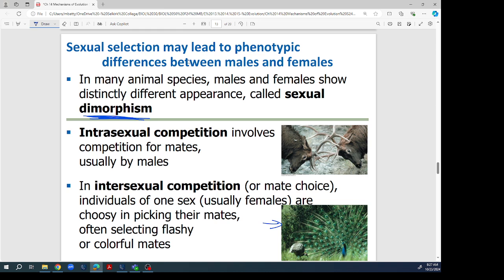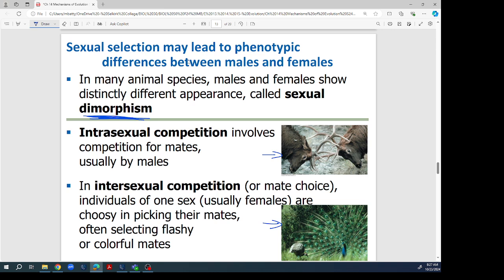And this can lead to a couple other things related to or intermingled with selective pressures. So intrasexual competition, so maybe a rut that would go on in elk or something like this. So they're competing for mates. And that's usually males competing, but not entirely.